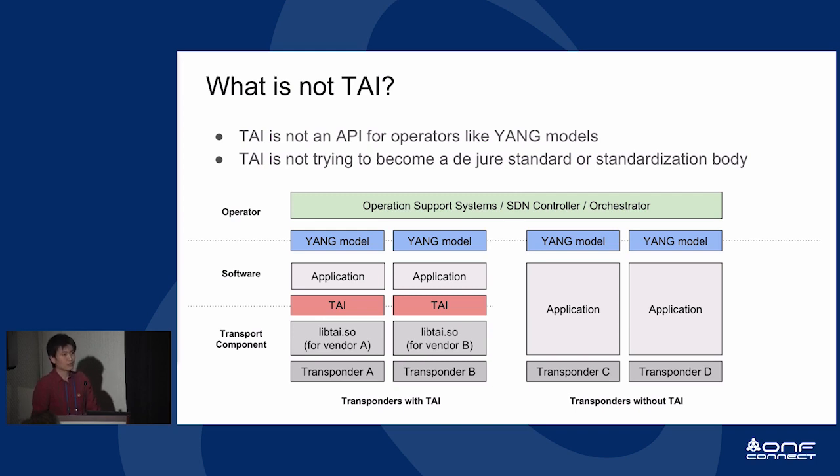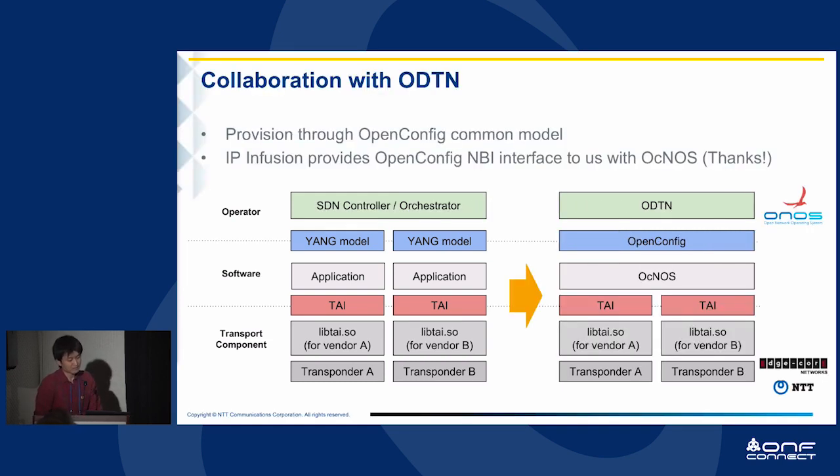But from the northbound perspective, we need an additional interface and YANG model to configure this kind of TAI-based Whitebox transponder effectively. In the ODTN reference design, we want to use OpenConfig as the northbound interface of the transponder.